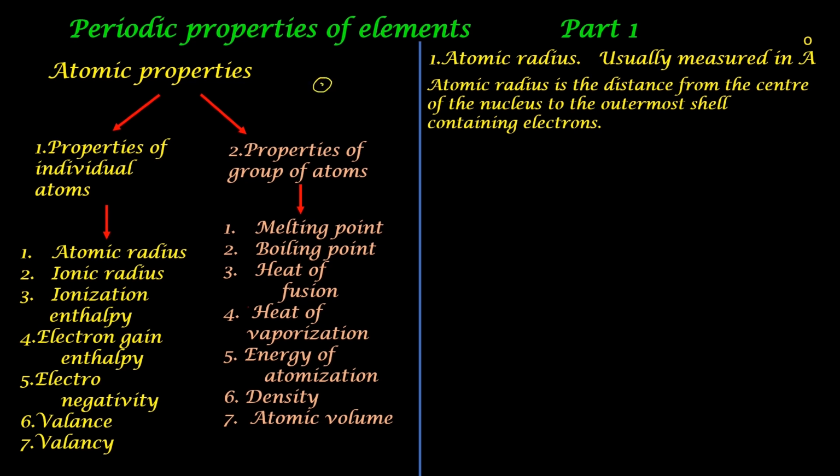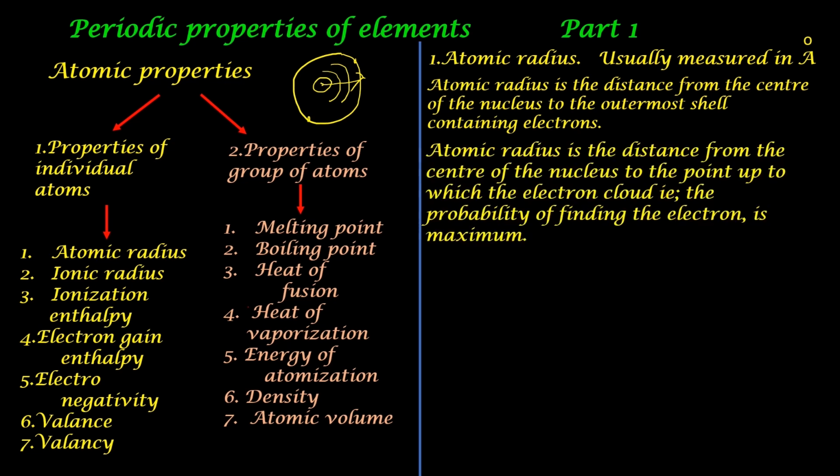This is the nucleus with its center, then shell number 1, shell number 2, and then the outermost shell. I have shown only the outermost shell complete. Valence electrons are present there. This distance from the center of the nucleus to the outermost shell which contains the electron is the atomic radius.